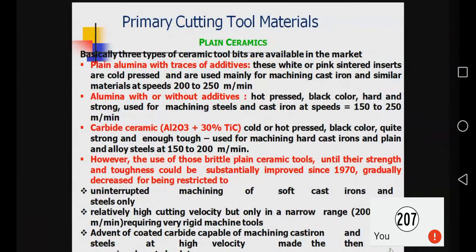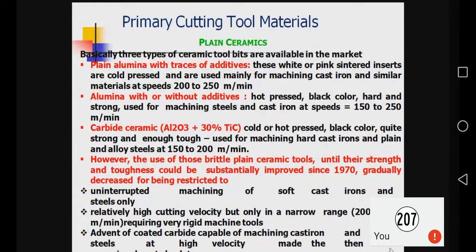These are basically white or pink in color, and they are in the form of inserts. They are produced by the powder metallurgical process in which the mixture is cold pressed, and are used for machining cast iron and similar material, at a metal removal speed of 200 to 250 meter per minute.